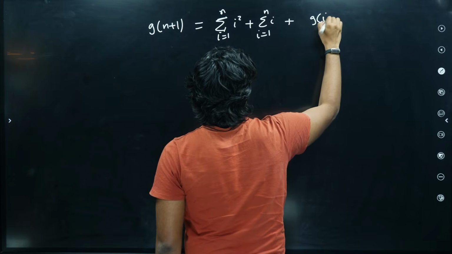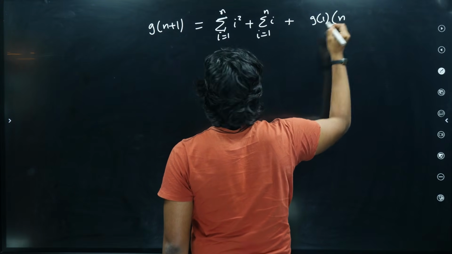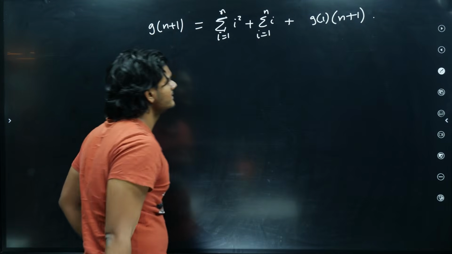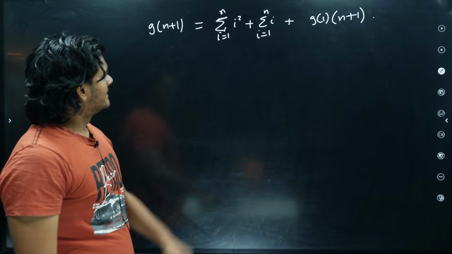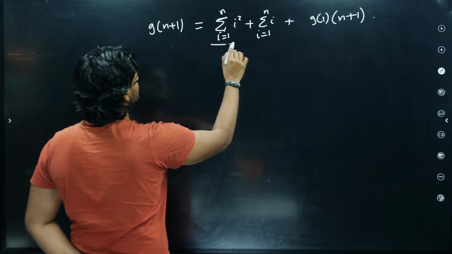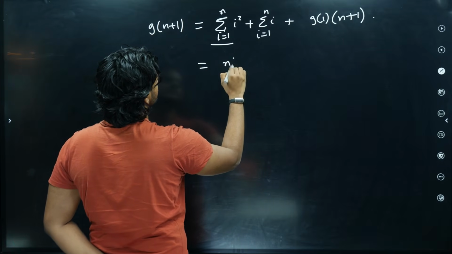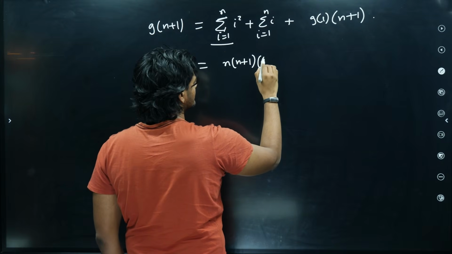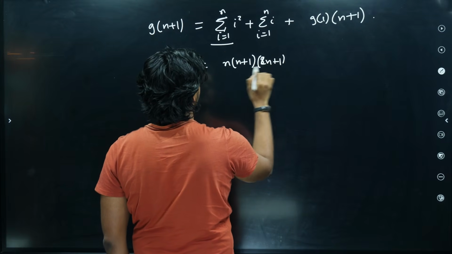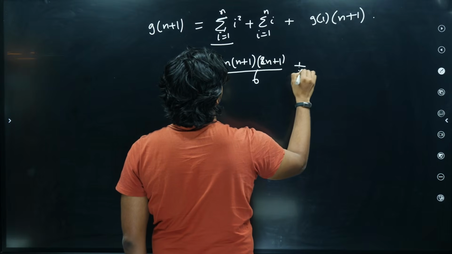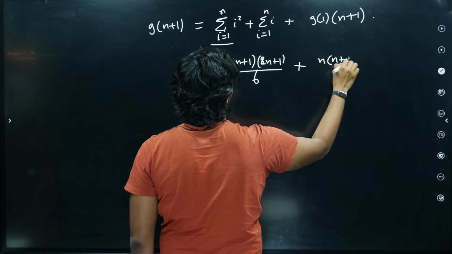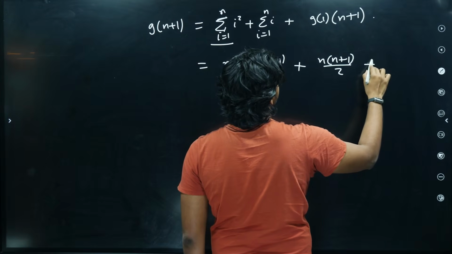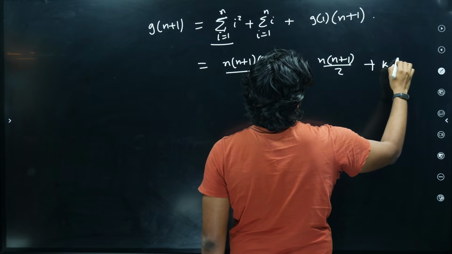And we know this answer: n into n plus 1 into 2n plus 1 divided by 6, plus n into n plus 1 by 2, plus some constant into n plus 1.